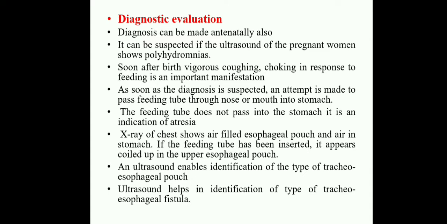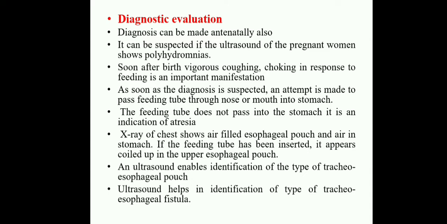That is the first indication. And soon after birth, vigorous coughing and choking in response to feeding are important manifestations. On physical examination, if immediately after taking the breastfeed the baby has severe cough and choking, it should be suspected that the child is suffering from TEF.